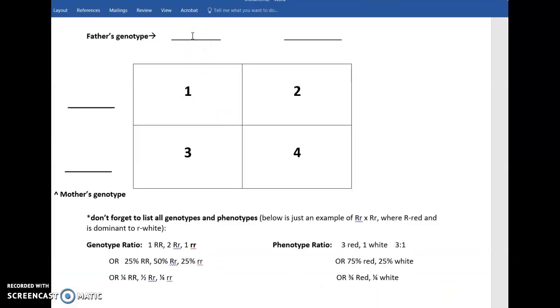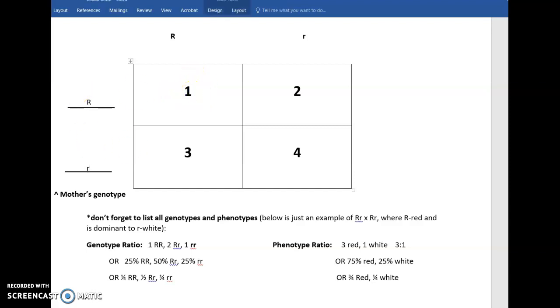So if my father's genotype is capital R, lowercase r, sorry, I just completely deleted that. Let me just type it like this. Okay, so the father is going to be capital R, lowercase r, and the mother is going to be capital R, lowercase r. That worked a little bit better for me.